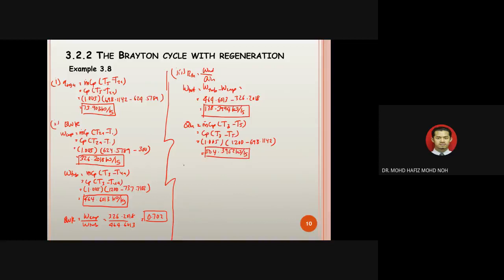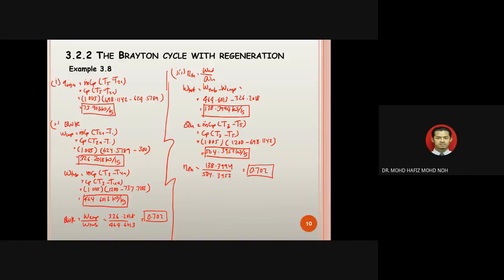Then you can proceed to calculate the value of thermal efficiency, which is 138.3994 divided by 504.3952. So you get the value of thermal efficiency is equal to 0.702. Quite high, right? Alright guys. Okay, sorry, this is not the answer.